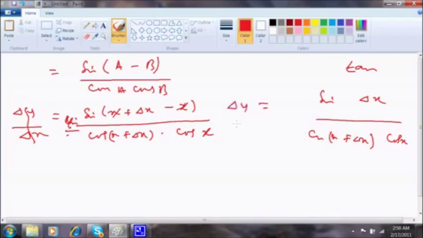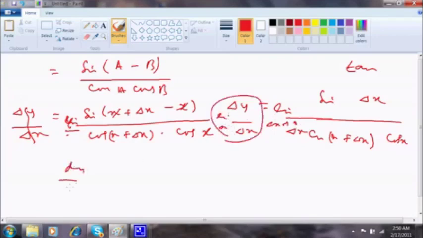This is my delta y. So here I'll divide by delta x. So I'll write a delta x here and limit delta x tends to 0. This is nothing but dy by dx.